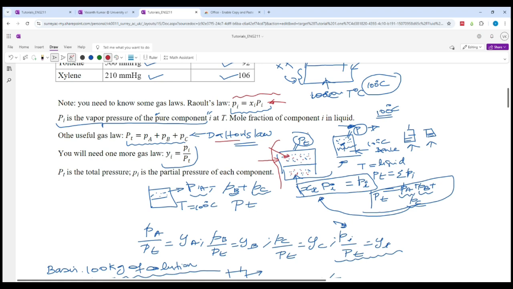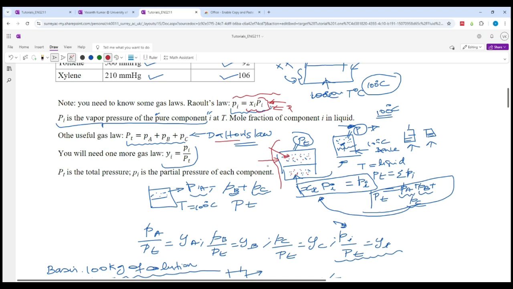Really very cool and interesting law. That tells you something about the vapor phase based on the information available in the liquid phase. And obviously you also need the very important parameter, the vapor pressure of the pure system. If you know the vapor pressure of the pure system, then it allows you to calculate the partial pressure of the components of a fluid that contains more than one component.